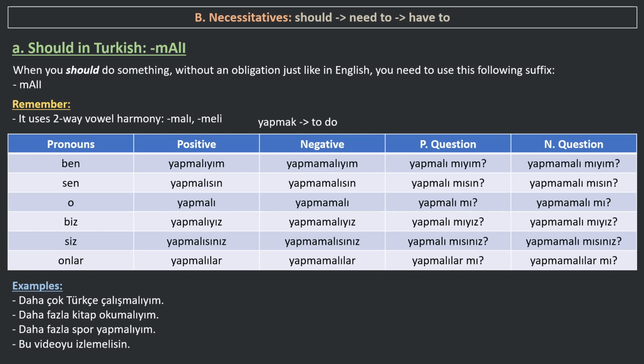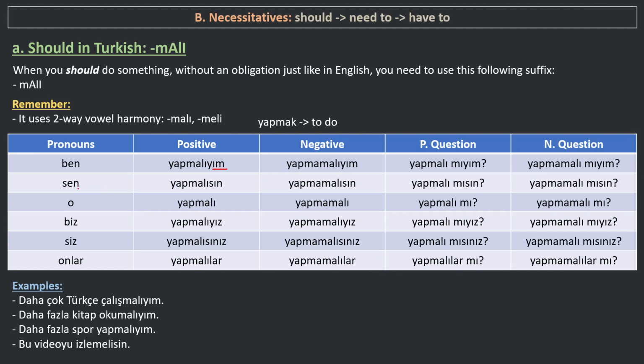So ben yapmalıyım. I should do. Sen yapmalısın. You should do. All of these are on the pattern of the to be verb. Ben has this ending. When you also say I am a teacher, ben öğretmenim.